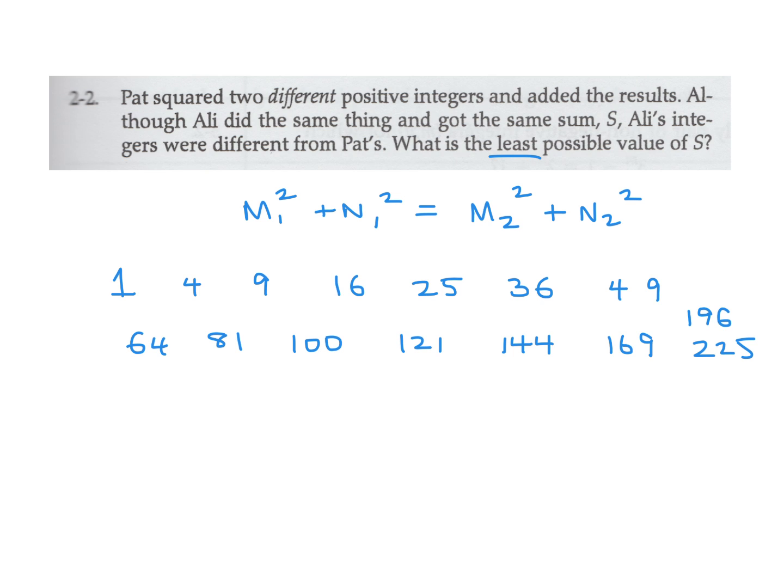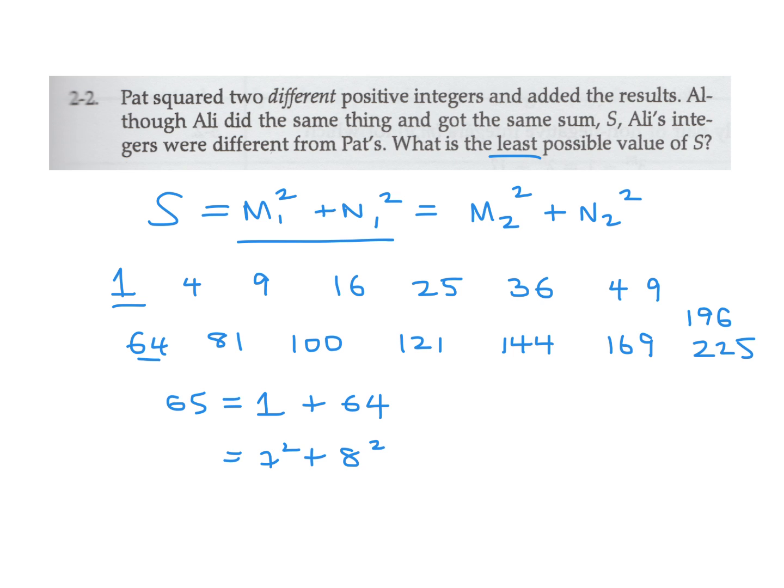Okay, so I got to choose two of these, and that when I add them up, it'll equal the S. And then I've got to choose two different ones that also add up to S. Okay, let's see here. Well, 1 and 64 can kind of behave as these guys. So that's 1 squared plus 8 squared. And that gives me a sum of 65.